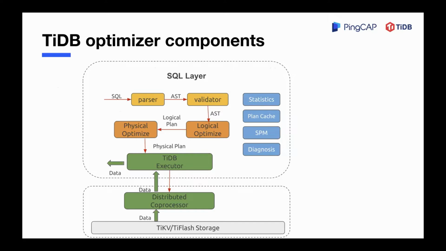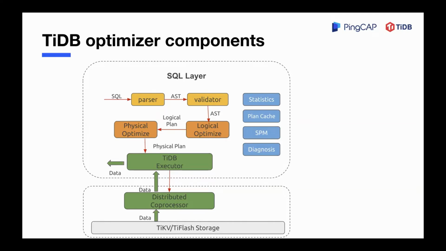And then we have a validator to validate whether all the objects in the query are valid. For example, if we miss any table schema, or if a column is not defined, all those things are done by the validator.